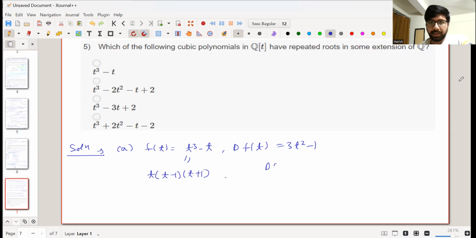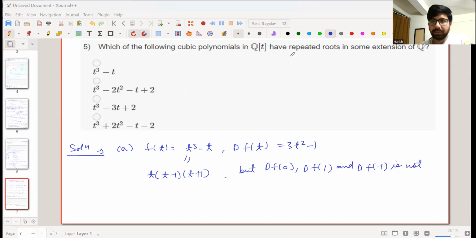So you can check that df of 0, df of 1 and df of minus 1 is not equal to 0. Yes, not equal to 0. This implies that neither 0, 1 or minus 1 is a factor, thus they have GCD to be 1, which implies no repeated roots.